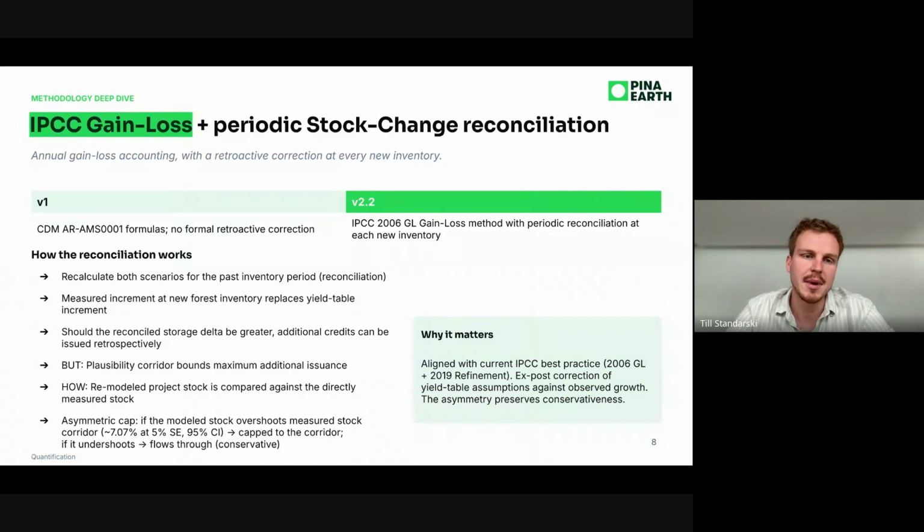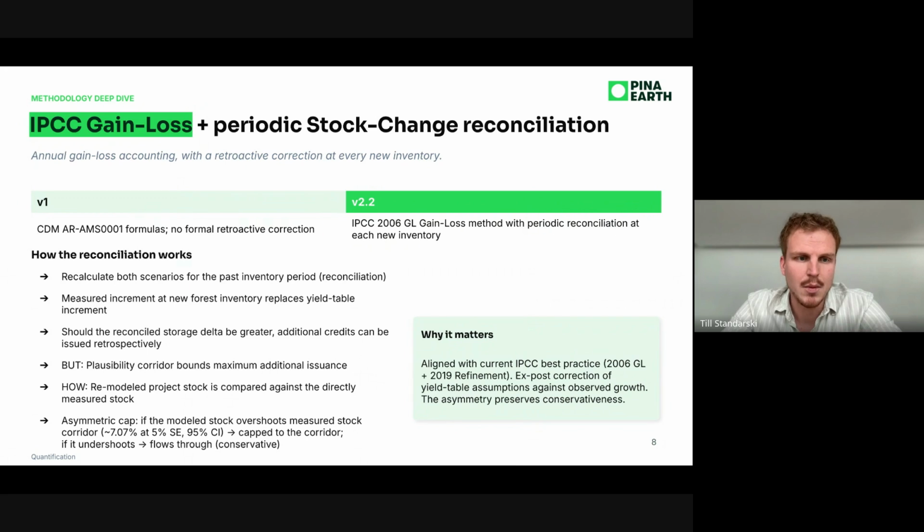So we recalculate the baseline scenario with the then measured increment value, and we recalculate the project scenario. And that gives us two model stocks for the points where we do this calculation in time. And we compare this newly calculated delta with the amount of credits that have already been issued. And if the newly recalculated delta is larger, we then may issue additional credits.